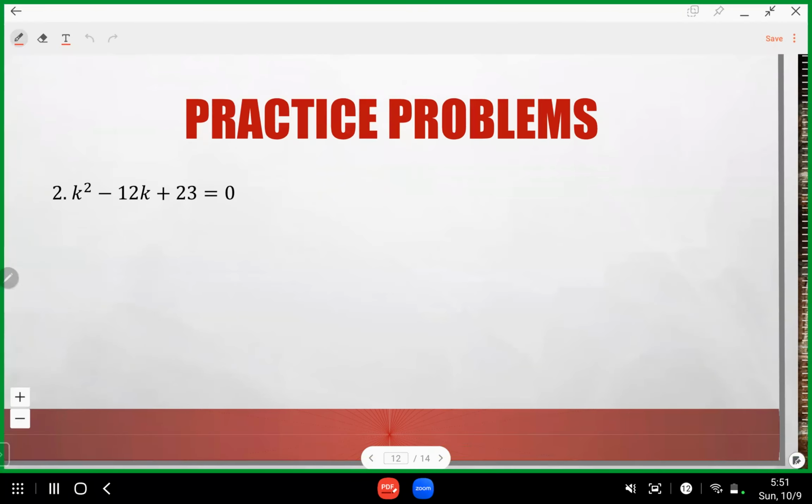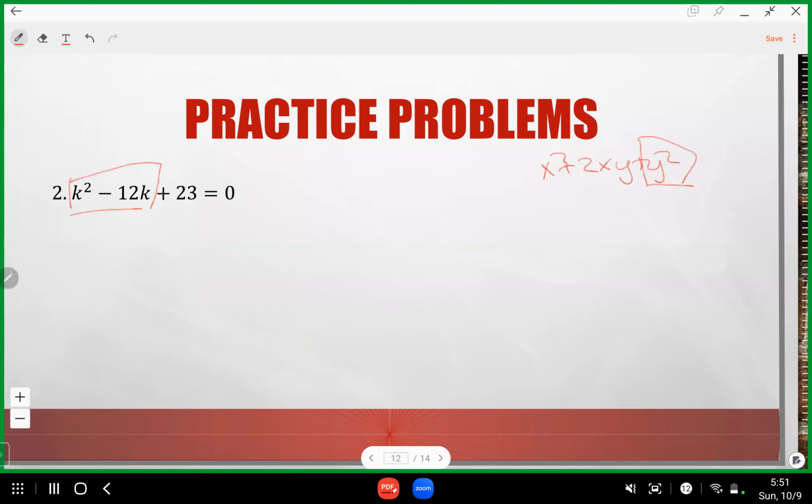Okay. All right, so Kaylee, this defines what we need here: k squared minus 12k. And let me just tell you, look, x squared plus 2xy plus y squared.